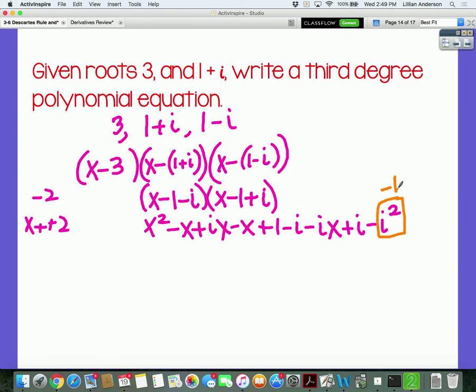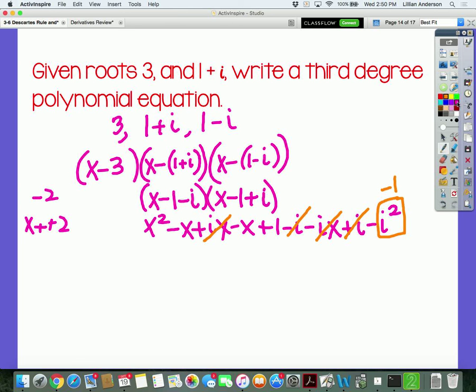Now if you look, don't I have some other like terms? Negative i and positive i cancel out. Negative ix and positive ix cancel out. And if you FOIL correctly, all of your imaginary stuff should go away, every single time, if you do it correctly. And i squared is always going to be negative 1, so that's gone.